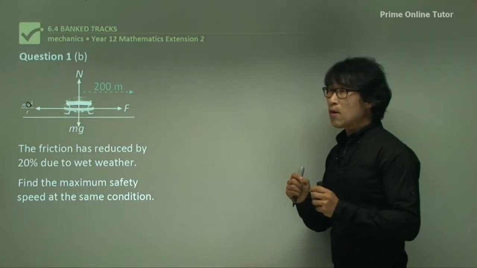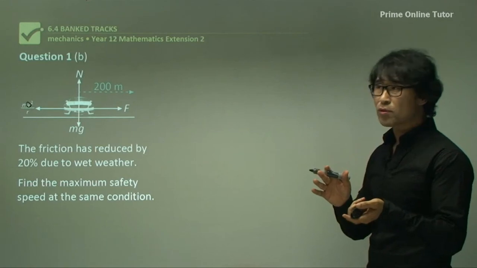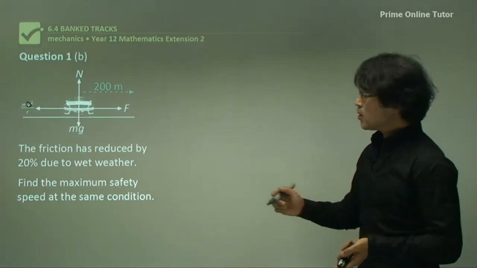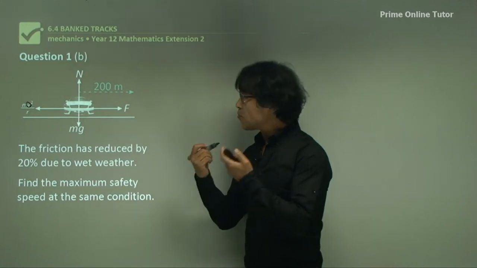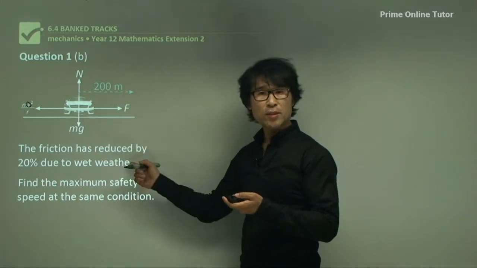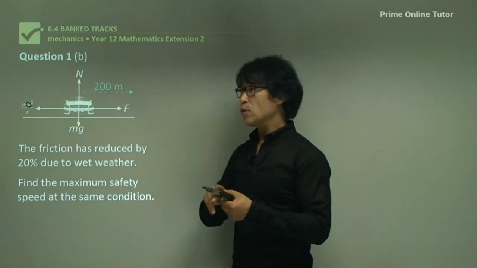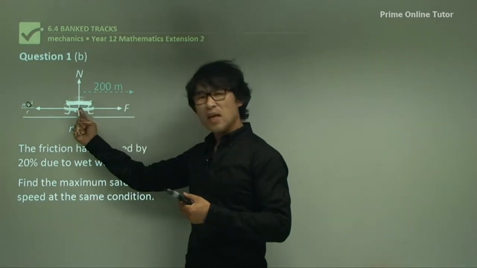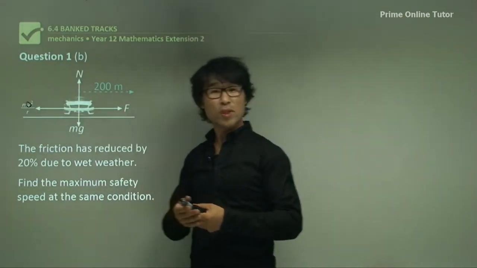So usually we have 500 newtons, that's the friction force. So 500 times 0.8 is the maximum friction force in this situation. Then we're going to find out the optimum velocity, which keeps the car still in the same curve, same track. I don't want to get this car to the other side.